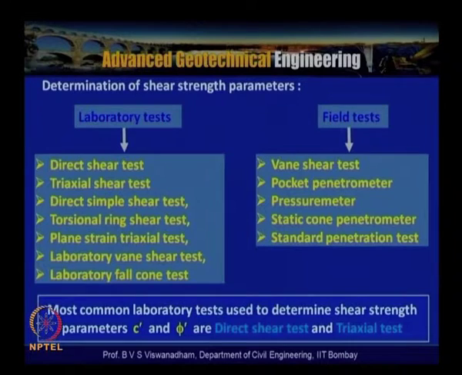So we have a number of correlations which can give, for different N values, the undrained cohesion or the friction angle of a soil. The most common laboratory tests used to determine the shear strength parameters are c and phi in case of total stress parameters, and c dash and phi dash in case of effective stress parameters. So total strength parameters are called c and phi, and effective strength parameters are called c dash and phi dash, and they are basically determined from the direct shear test and the triaxial shear test.